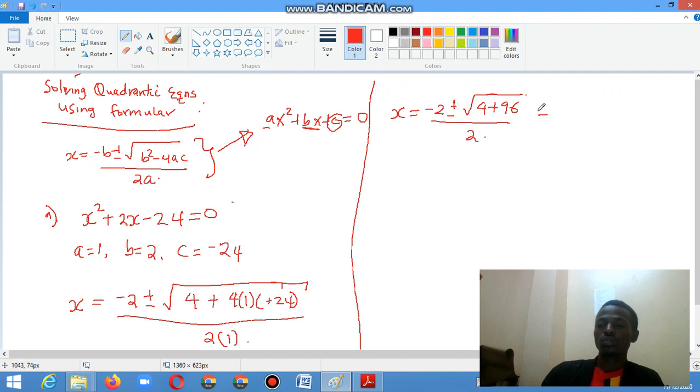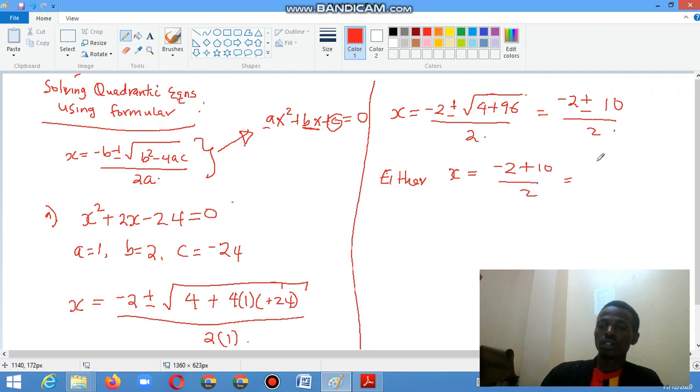So let's continue simplifying. This will be minus 2 plus or minus the square root of 4 plus 96, which is 100, and the square root of 100 is 10 directly. Then everything over 2. Therefore, our answers for x will be either x is equal to minus 2 plus 10 over 2.